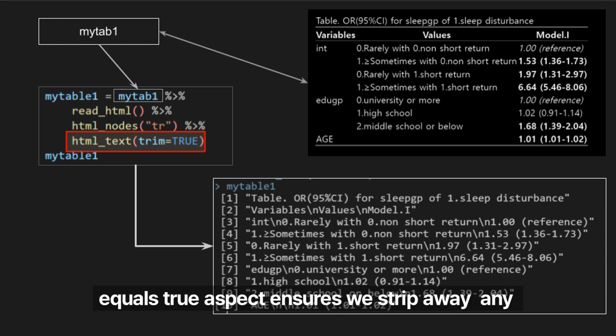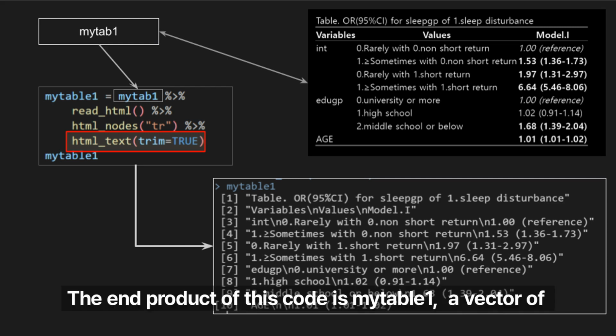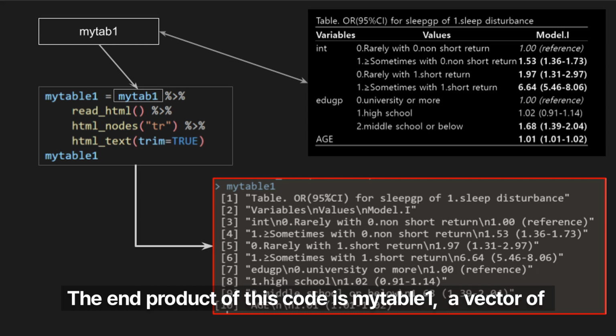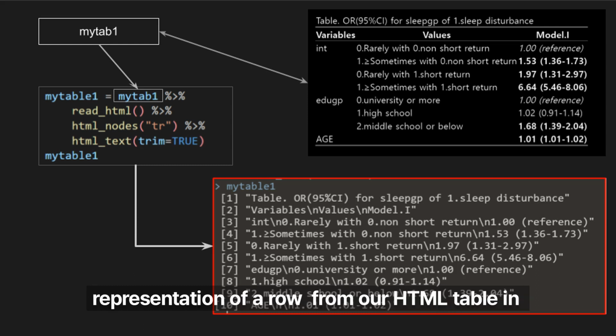The trim equals TRUE aspect ensures we strip away any unnecessary whitespace at the start or end of our text string. The end product of this code is myTable1, a vector of characters, where each element is the textual representation of a row from our HTML table in myTab1.